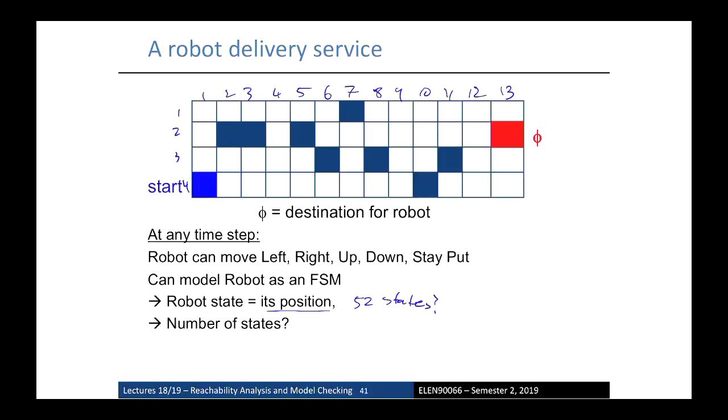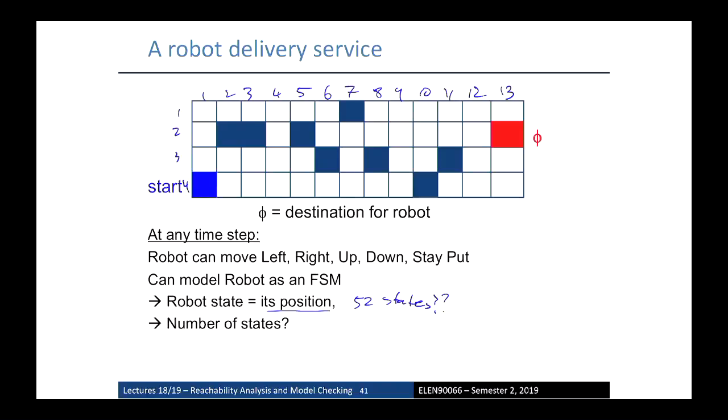But you could be a bit more complex about it. Do we need to keep track of which direction the robot's facing? Potentially. There might be a variable that holds the value of which direction it's pointing in, right? That could blow up.